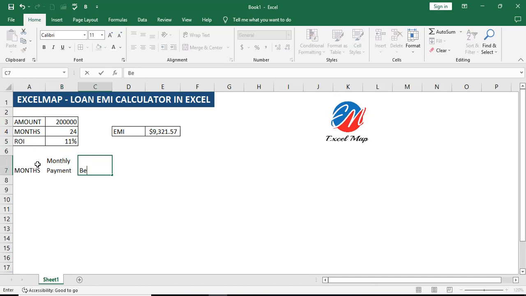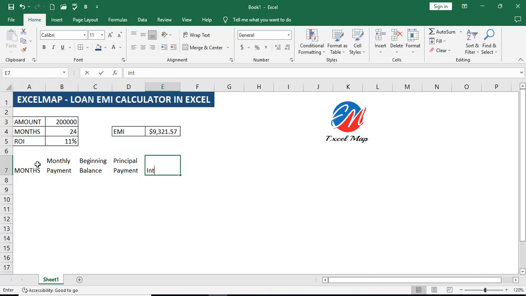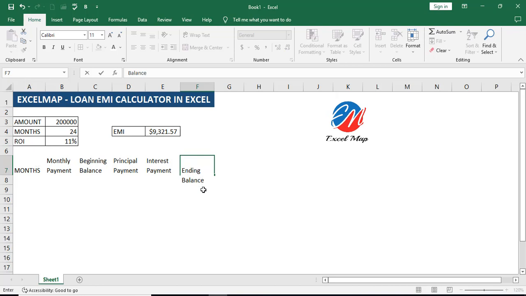Next here, beginning balance, principal payment, and interest payment. Next, last one is ending balance. I'm using Alt plus Enter to break the line, that is called wrap text. Ending, then Alt plus Enter to get a new line in the same cell, then I'm typing balance, press Enter.